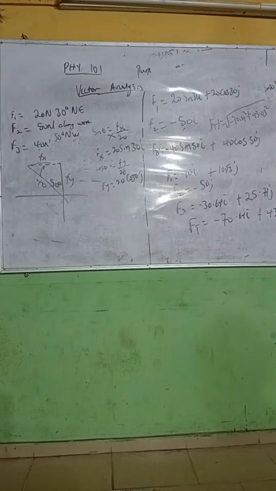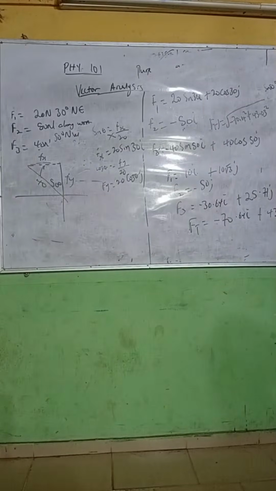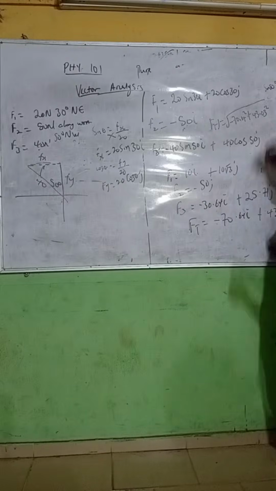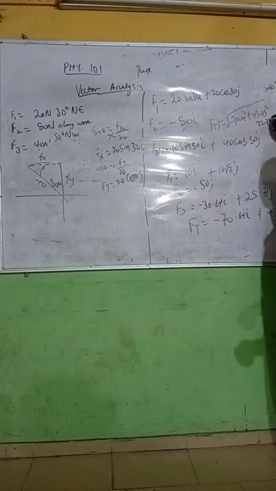What do we have there? 6,000 something. We take the root. 80 something, right? 82.71 Newton. That's the magnitude of our resultant.